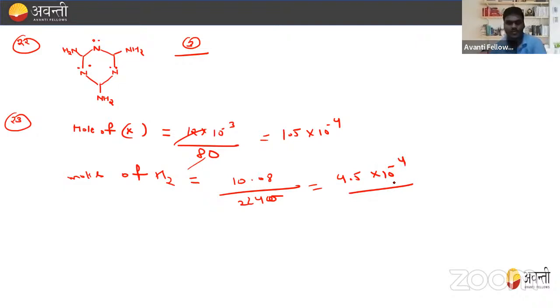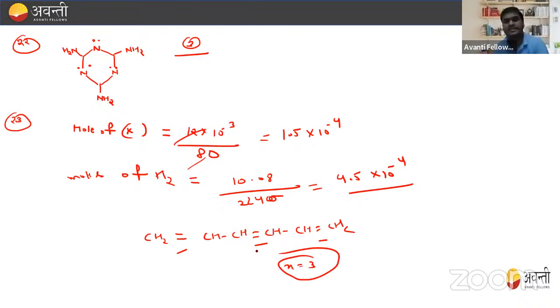So it comes out to be 4.5 into 10 to the power minus 4. So we can say that X has 3 double bonds, like CH2. So this is all about the total number of moles that we'll get. It comes out that n is equal to 3.